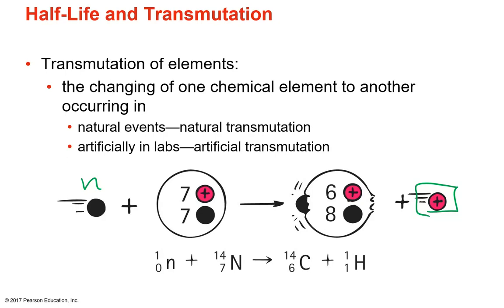Actually, no, it is a proton. I was wrong. It is a proton that leaves. It's not an anti-beta. I should think more carefully. So you transmuted nitrogen into carbon, made a new carbon atom that didn't exist before.